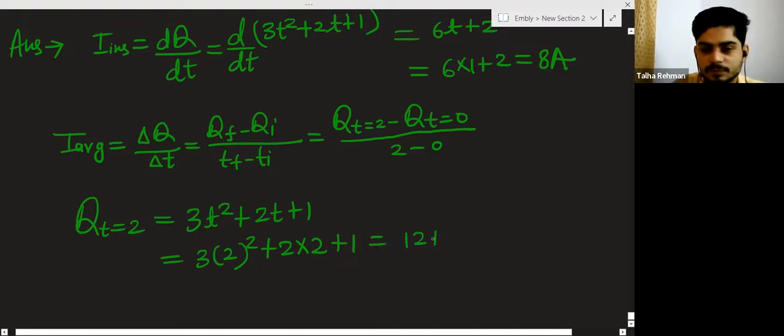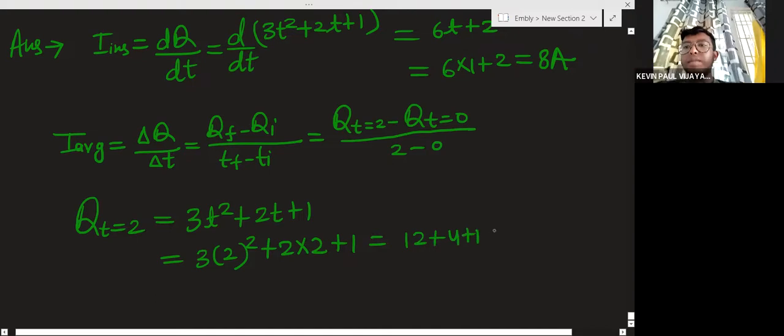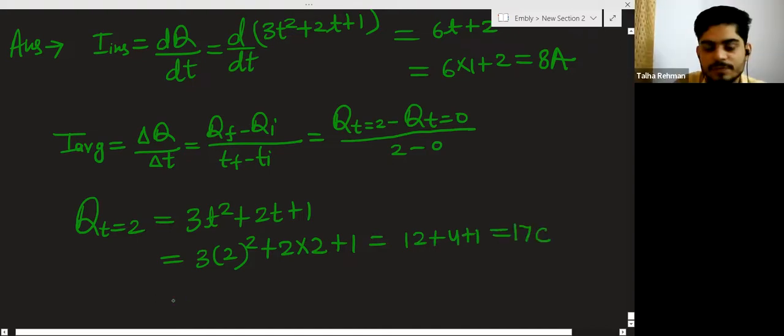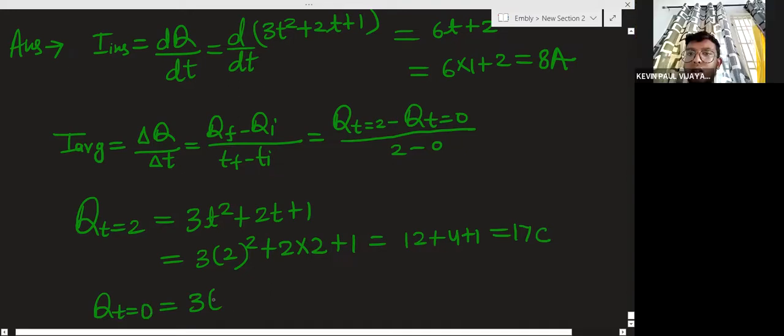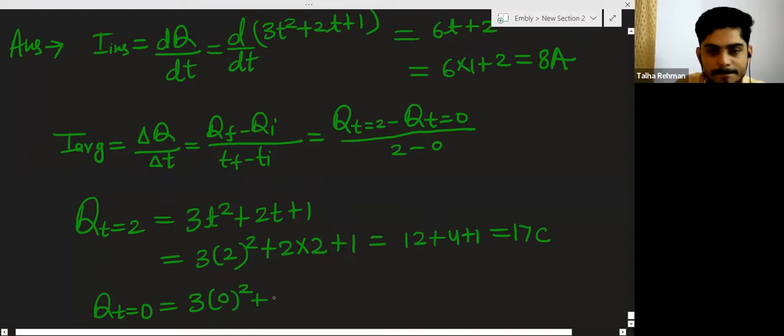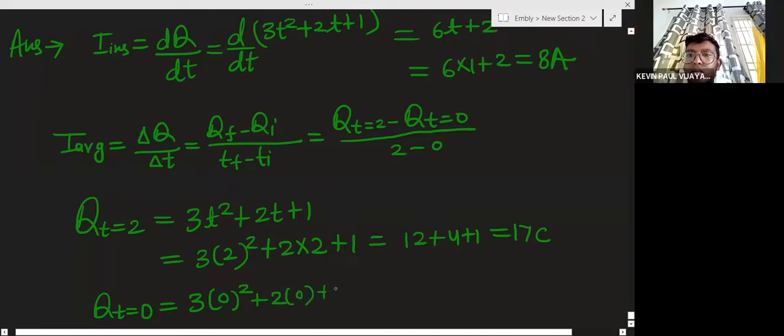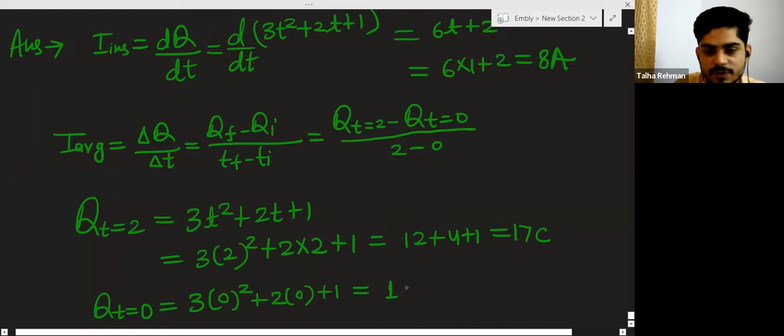This will become 17 coulomb. And if I want to find charge at t is equal to 0, I will put the value of t as 0. Oh, sorry, not 1, this is for 0. 0 square plus 2 into 0 plus 1, and charge at t is equal to 0 is 1 coulomb.